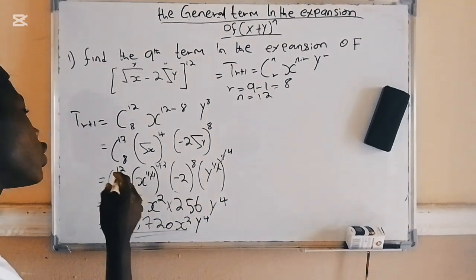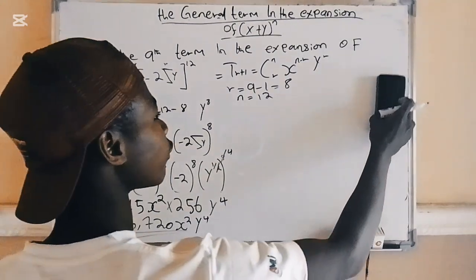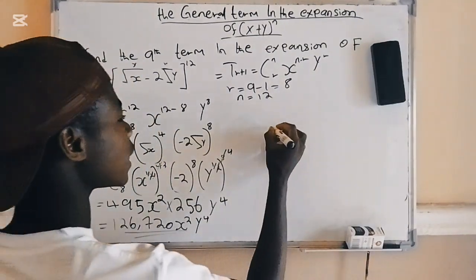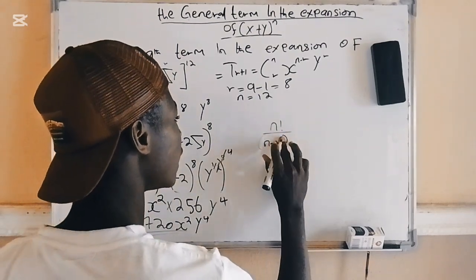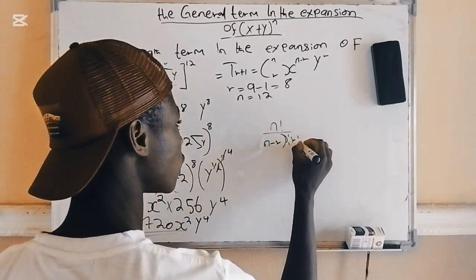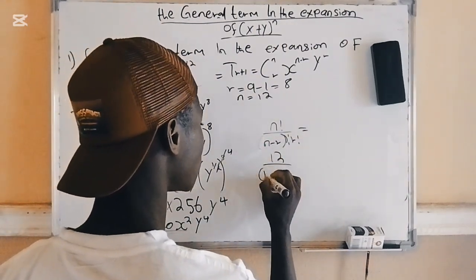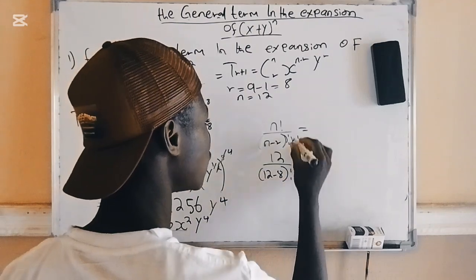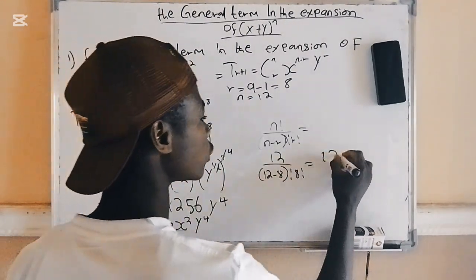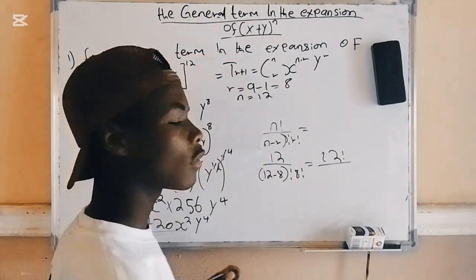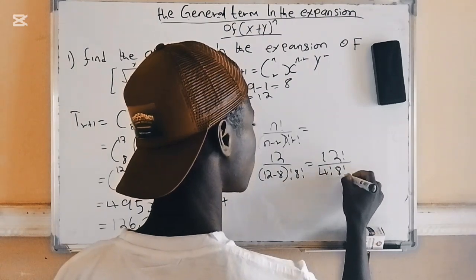As I showed you in the last video on binomial, the combination nCr is n factorial divided by (n minus r) factorial into r factorial. So 12C8 equals 12 factorial divided by 12 minus 8 factorial into 8 factorial, that is 4 factorial into 8 factorial.